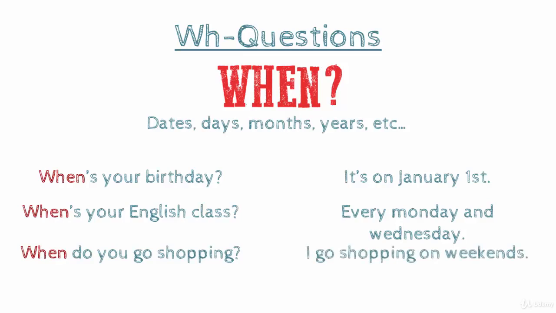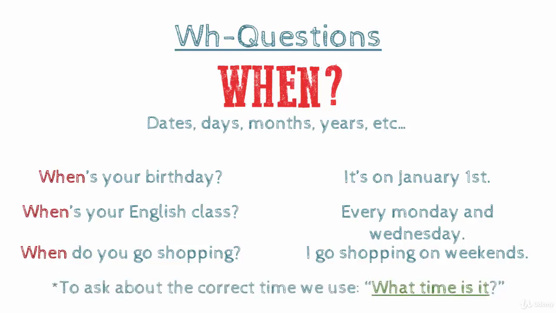I go shopping on weekends. So you see, I use when for dates, days, months, years, okay? Now pay attention, this is very important, okay, guys? When you ask about the correct time, we use what time is it, okay? So remember, to ask about the correct time, you have to use what time is it.